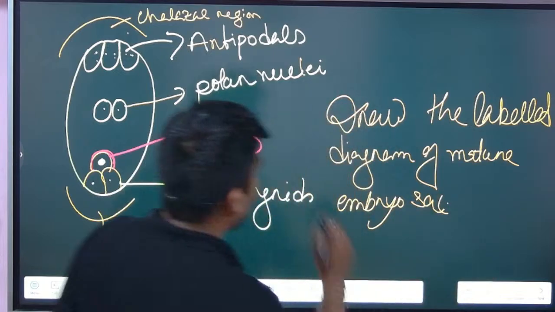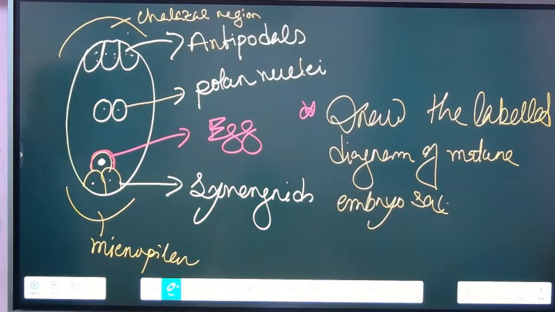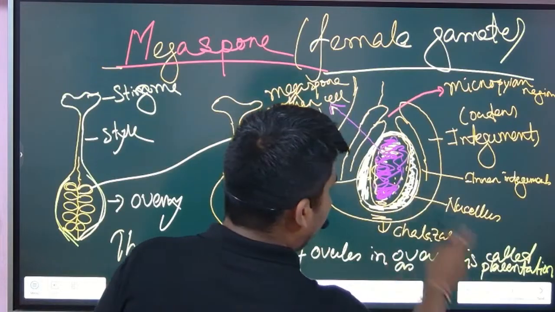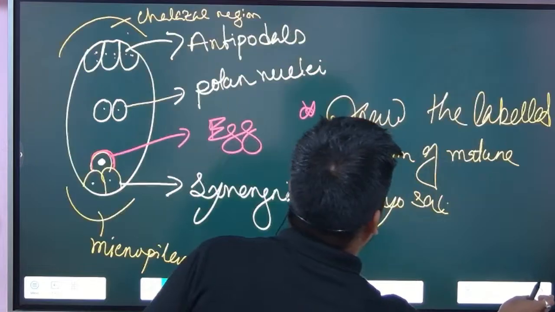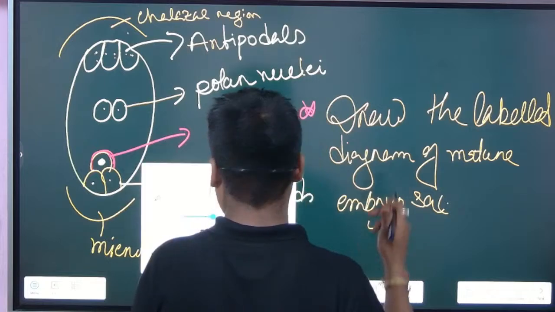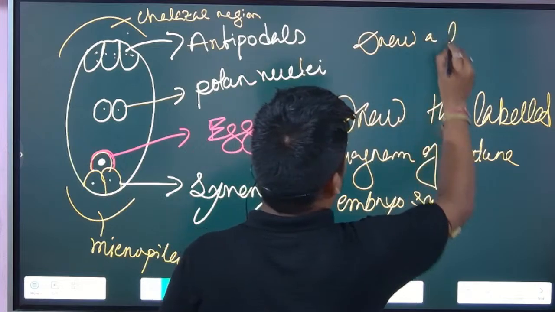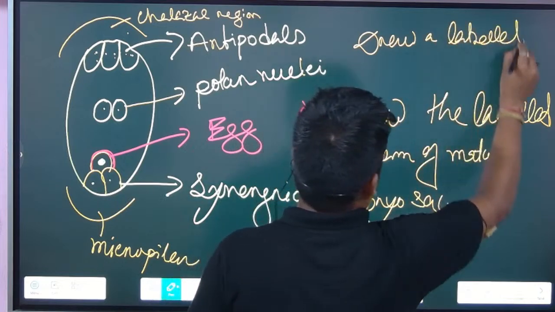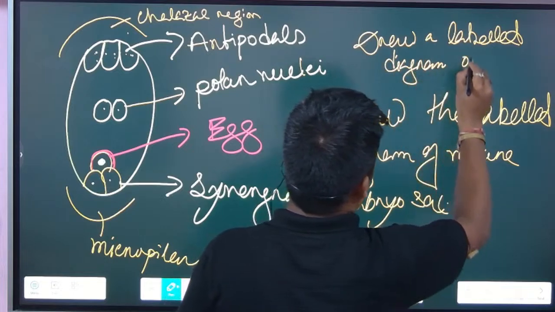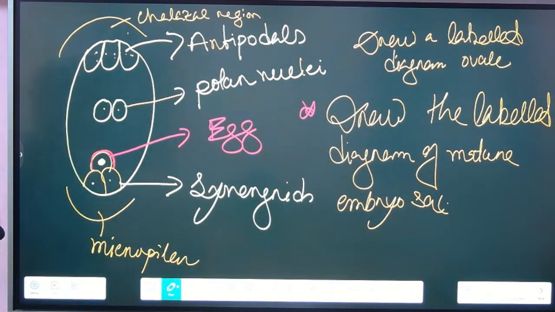Another question can come: draw a labeled diagram of an ovule. So both are important.